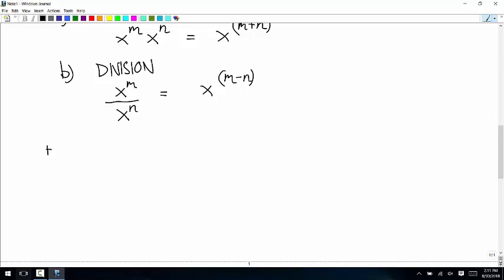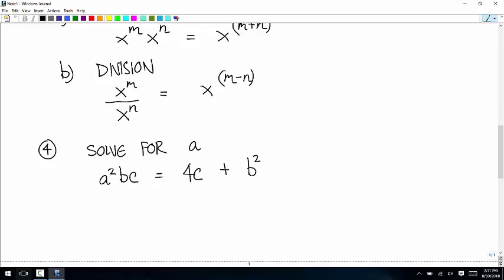Number 4, we had an equation and we wanted to solve for a. The equation said a squared times b times c is equal to 4c plus b squared times c squared.